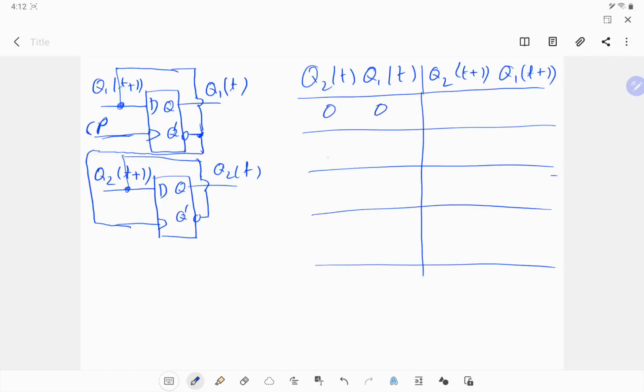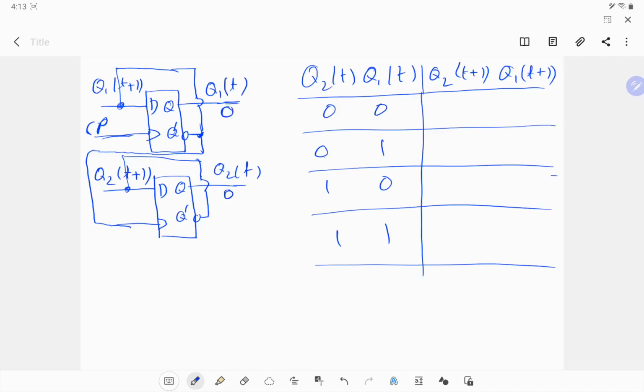Consider we have 0 0, 0 1, 1 0, 1 1. So now see if we have Q2 0, Q1 also 0.